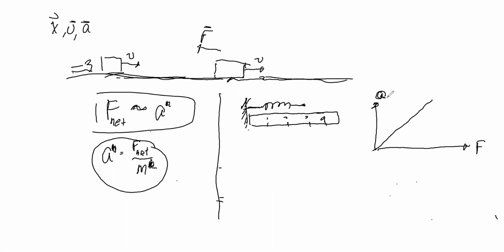We use our standardized forces, measure the resultant acceleration, and we see something roughly a straight line. So we find experimentally F proportional to A, with the exponent here being 1.